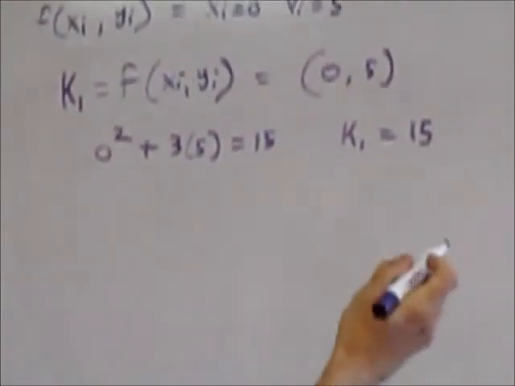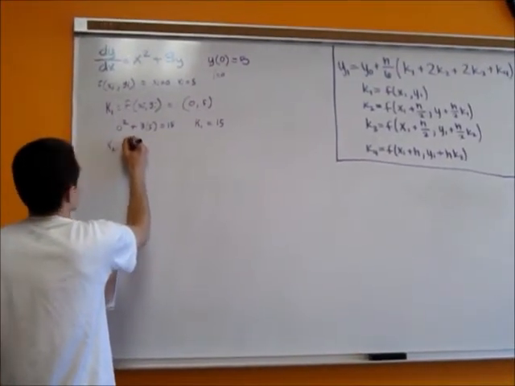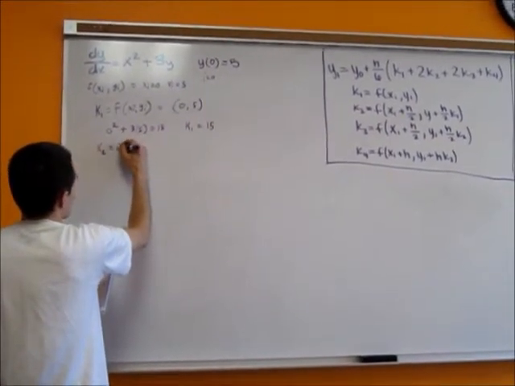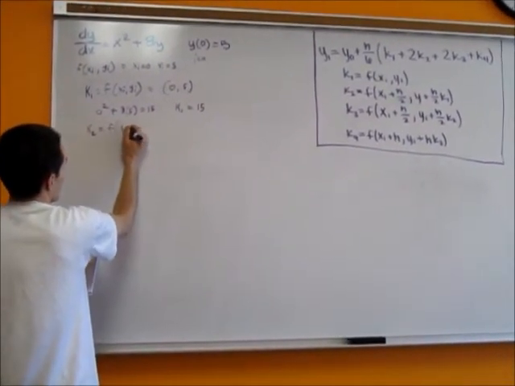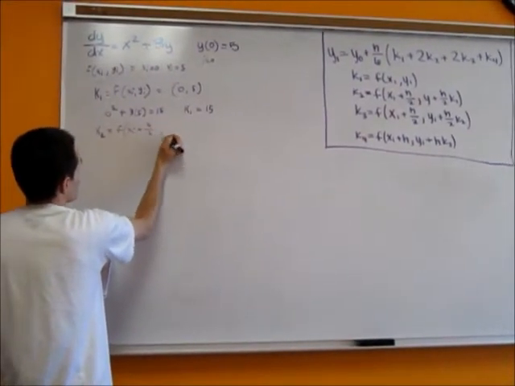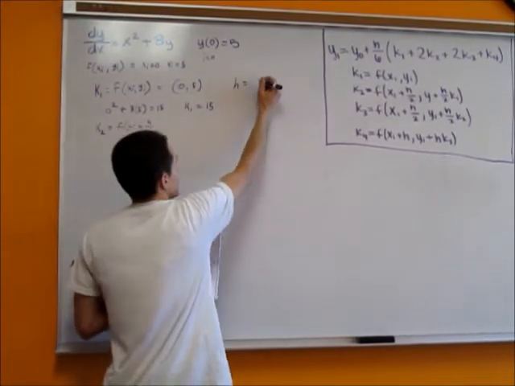Now we have to go down to our k2 equation for the Runge Kutta method, and we find that k2 is f of xi plus h over 2, and we have an h, which is our step size, of 1.